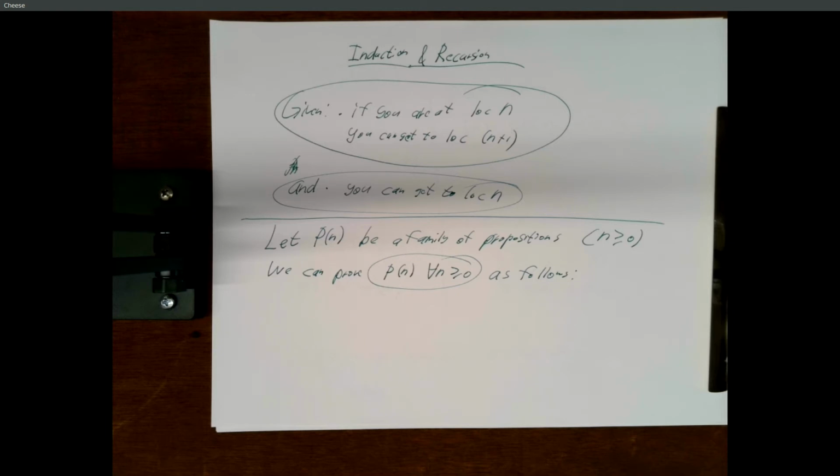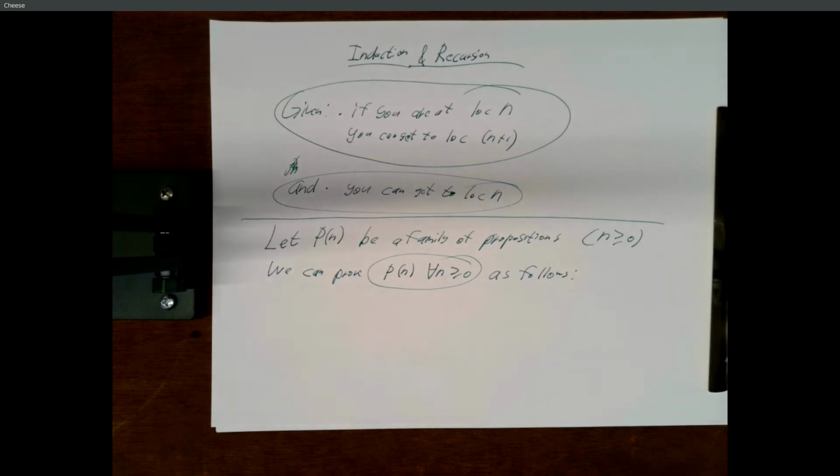How do we possibly prove that? We could prove them individually, but there's an infinite number of them we would have to prove. And proving P of 5 is probably pretty easy, because P of 5 will say some specific thing, and these specific things are usually not that hard to prove. The problem is we don't want to prove an infinite number of them one at a time. So we have a technique called mathematical induction, which lets us prove P of n is true for all n bigger than or equal to 0 by only proving two things.